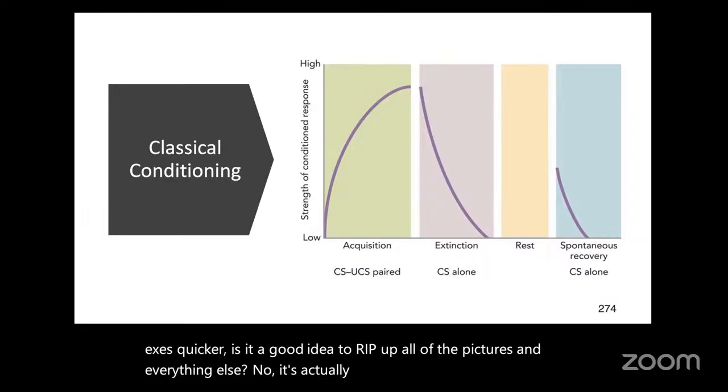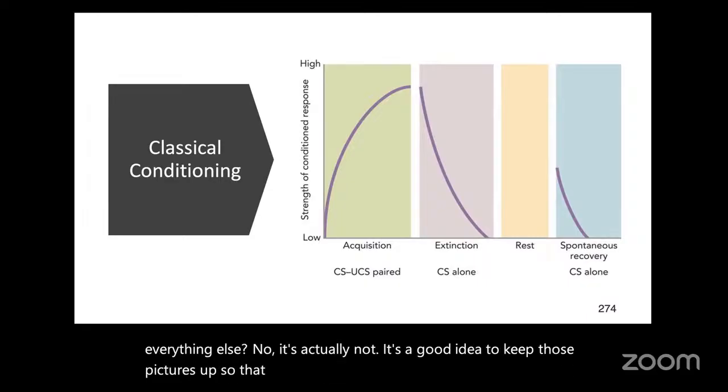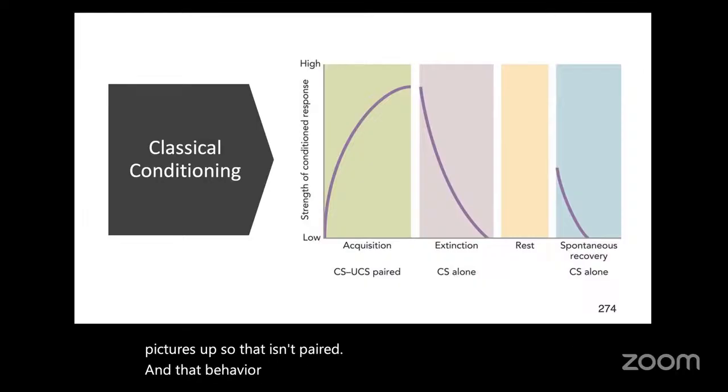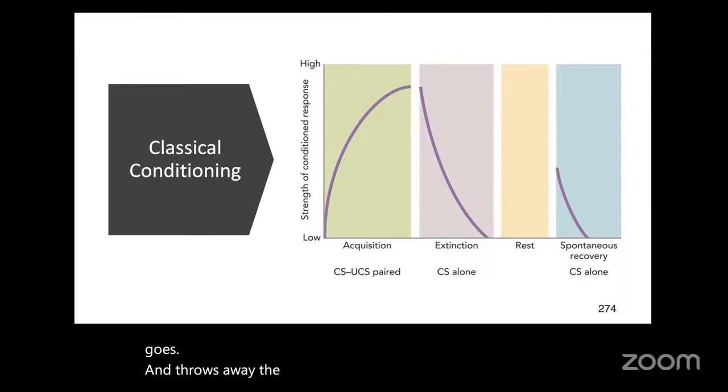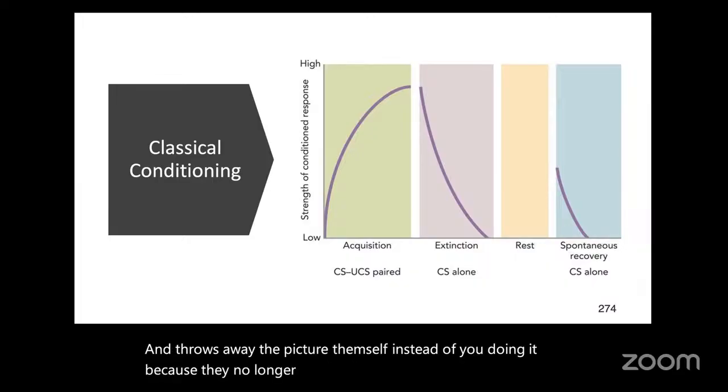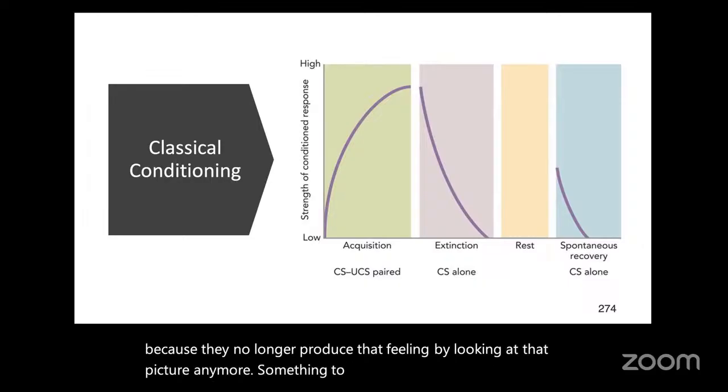It's a good idea to keep those pictures up so that that isn't paired and that behavior extinguishes, that eventually the person just goes and throws away the picture themselves instead of you doing it, because they no longer produce that feeling by looking at that picture anymore. Something to consider as you're looking at relationships. Okay.